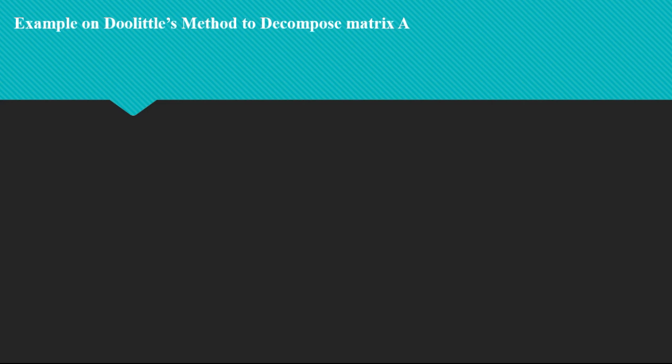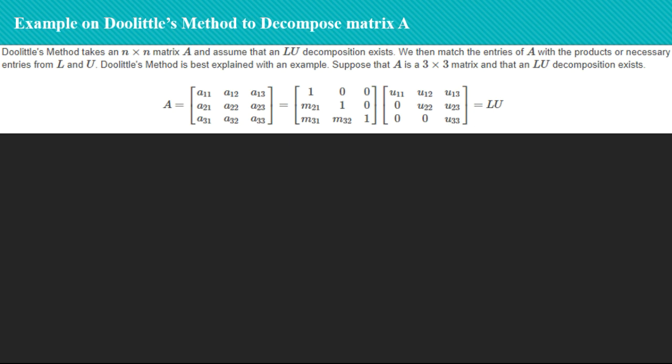How can we decompose a matrix A through Doolittle's method? Let us see. If we have a matrix A of dimension n cross n, we assume that an LU decomposition of matrix A exists.